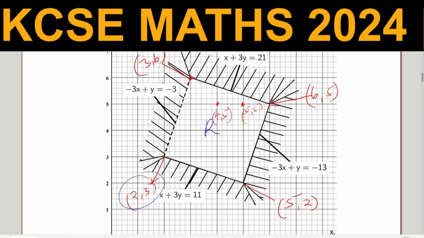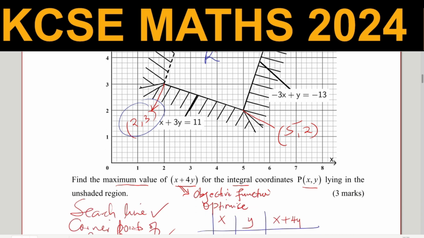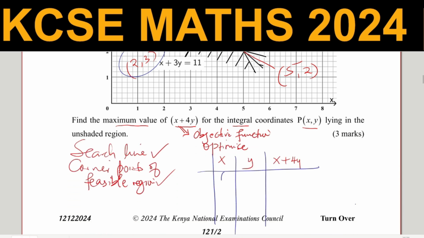So we're left with the corner points (6, 5) and (5, 2). Those are the two corner points that we have. So simply substitute x and y so that you can get x plus 4y.